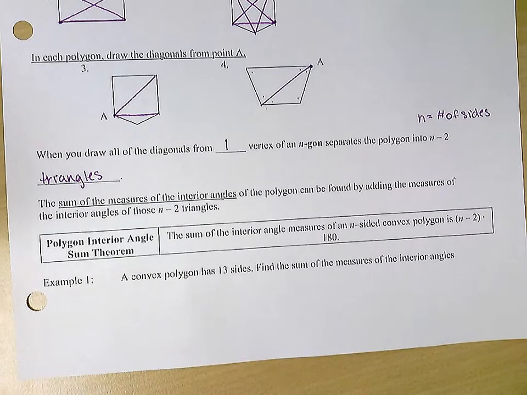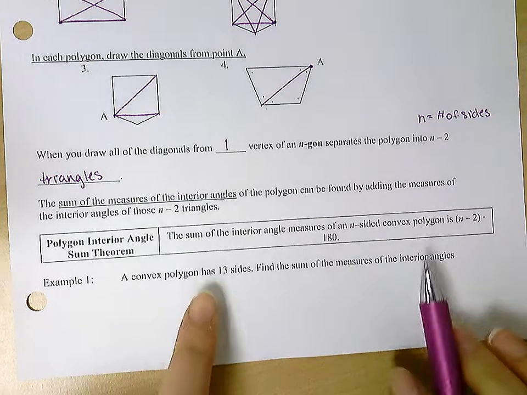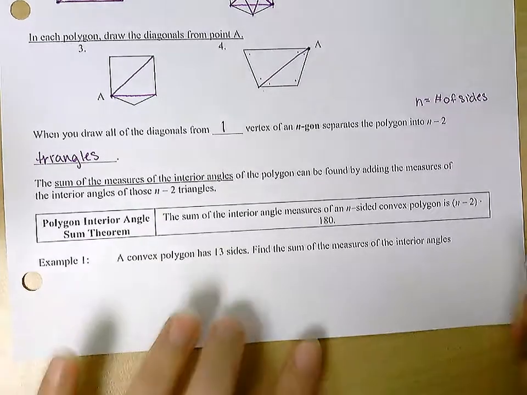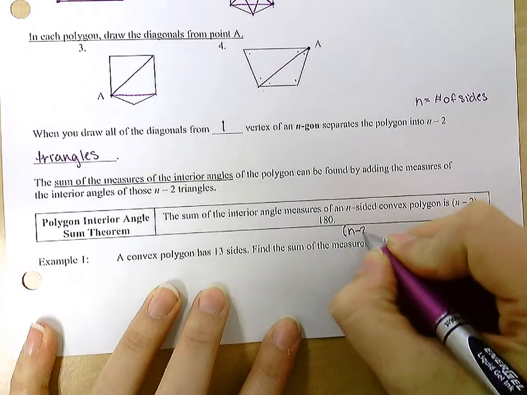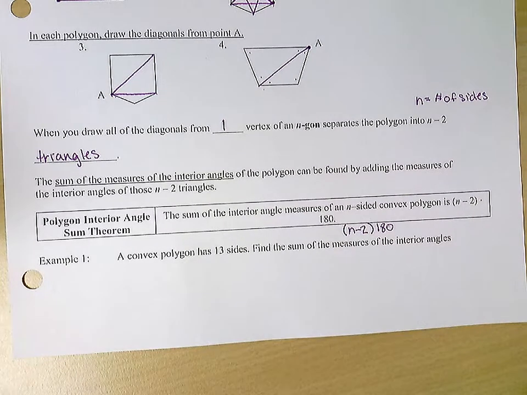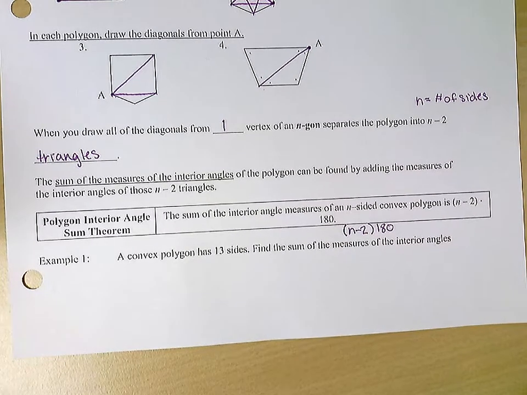So I just multiply by 3 and 180 to get that interior angle sum. So our formula for finding interior angle sum is n minus 2 times 180. Okay, so you're taking those triangles, that's the n minus 2 part, multiplying by that triangle interior angle sum, which is 180, to get your polygon's total interior angles.